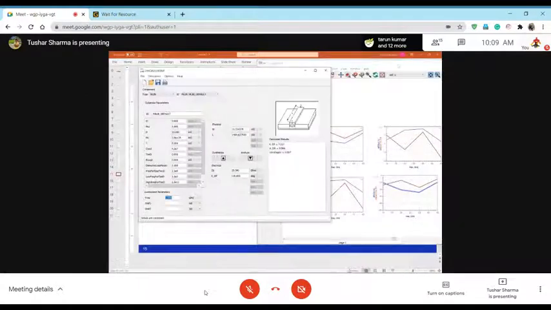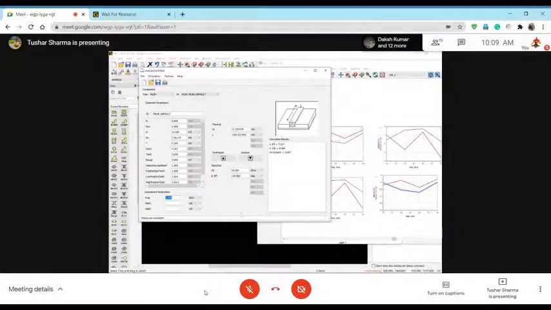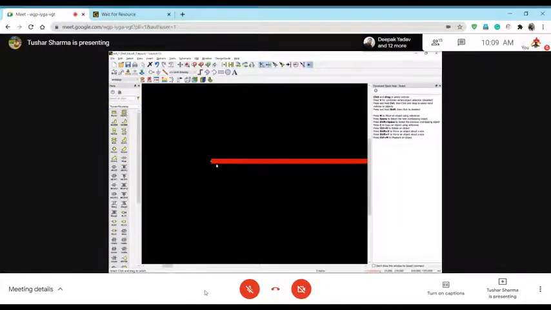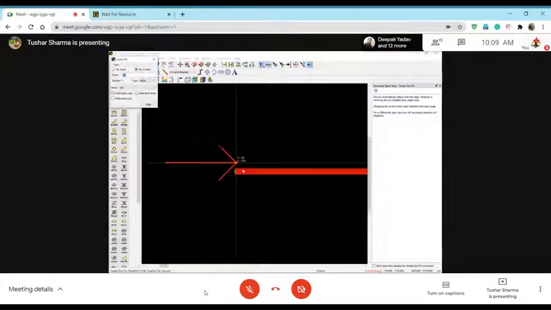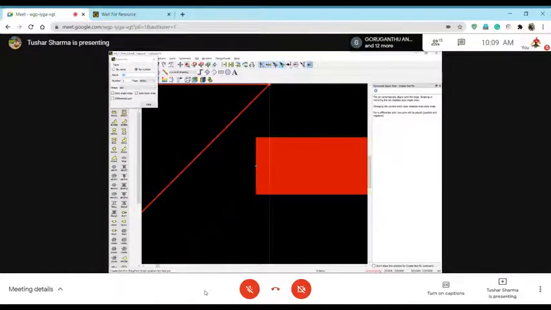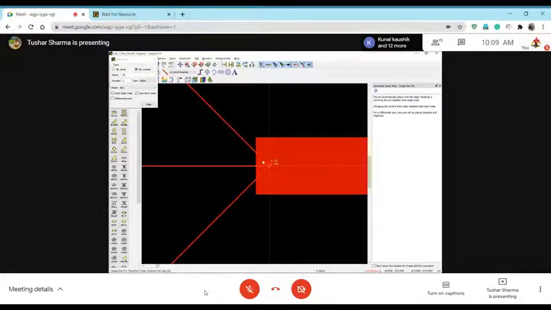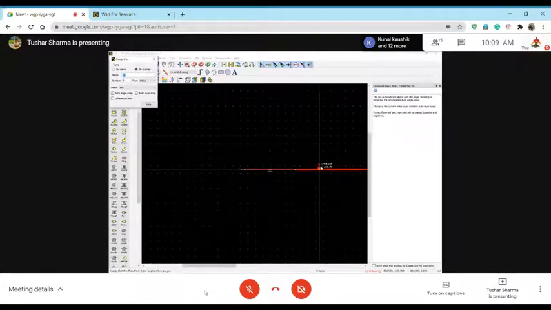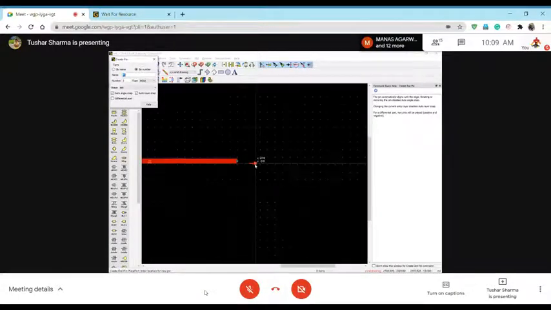So what I will do now as step 3 is try to EM simulate this, which means I will put ports. So say I have a port 1. Okay, it doesn't like to snap. Okay, so I will put a port here and I will put a port on this side.